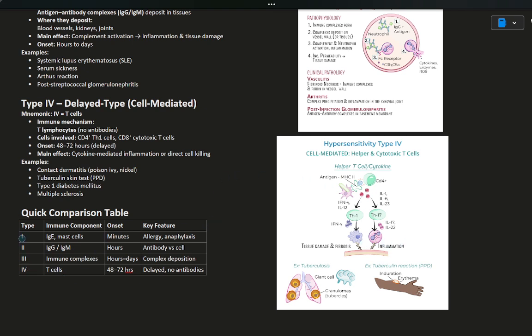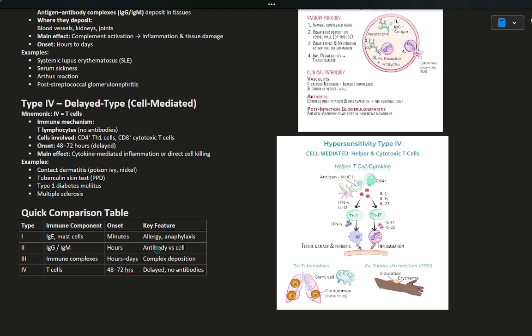So, in summary, here's a nice table that outlines the different types of immune hypersensitivity reactions and how they differ. So once again, type 1 hypersensitivity reaction, we have IgE and mast cells. Onset is very quick, in minutes. Examples include allergy and anaphylaxis. Type 2 involves the IgG and the IgM, and then the onset can last from hours.